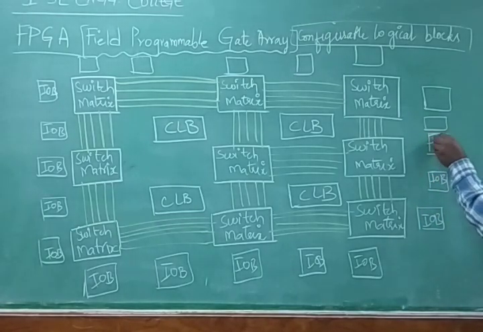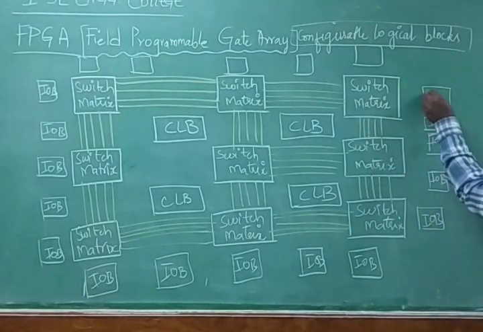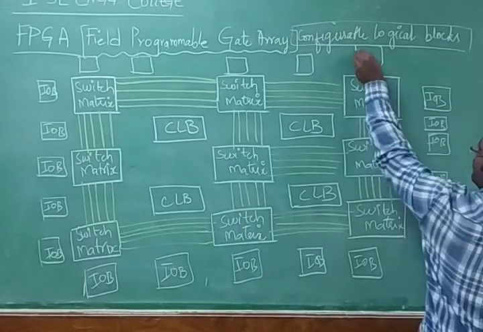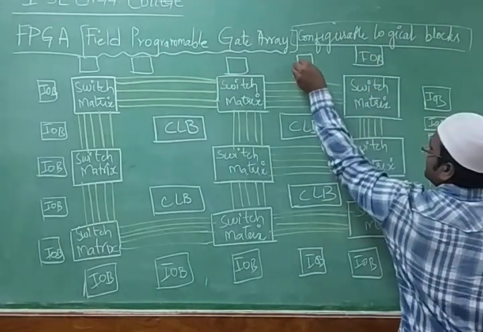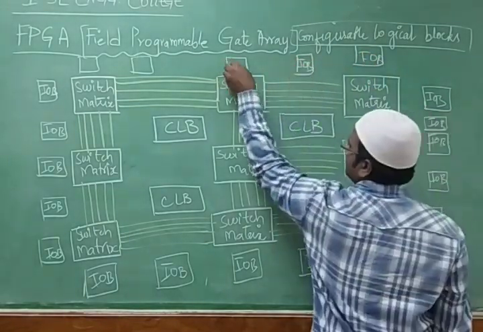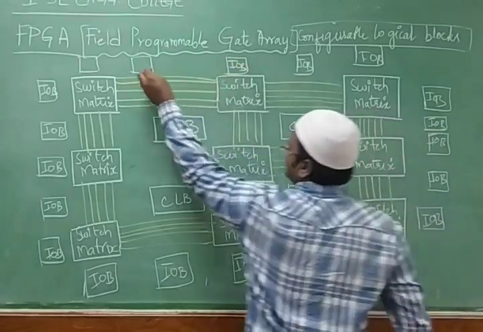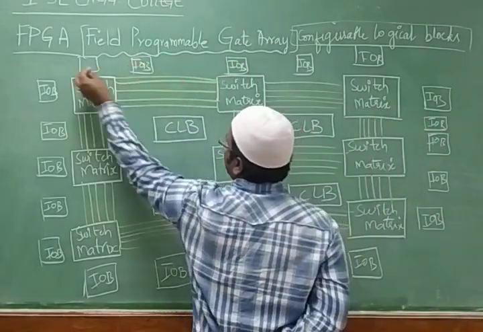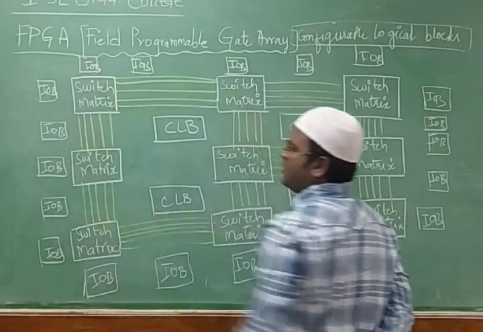So wherever, in horizontal way, in vertical way, wherever there is a line, and there is also a switch matrix, we are going to give the input output blocks to complete our architecture of FPGA. Okay, so this is about input output blocks.